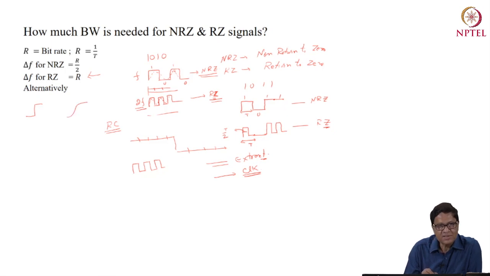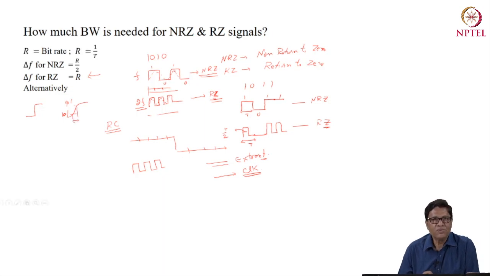This degradation is measured by finding the 10% point and the 90% point, and whatever you get between them is the degradation. So this is how you can find out the degradation.